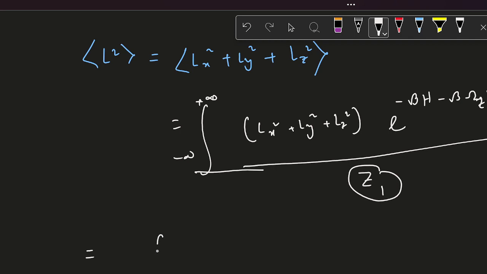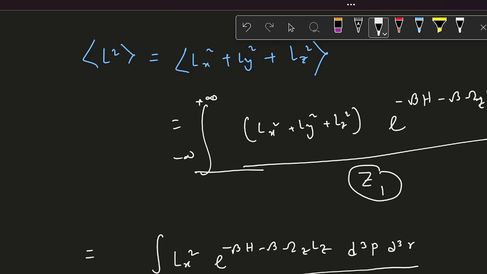You can write it as Lx squared with e to the power minus beta h minus beta omega z Lz, then d^3p d^3r, this whole integral divided by z1, plus Ly squared into this whole thing divided by z1, plus Lz squared into the whole thing divided by z1.